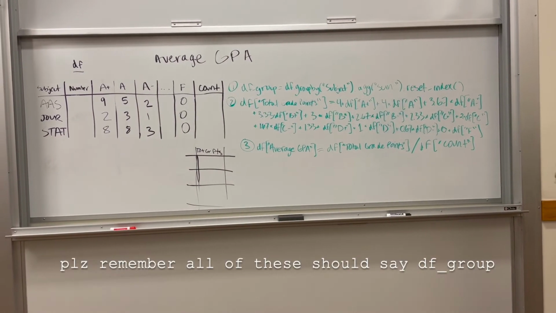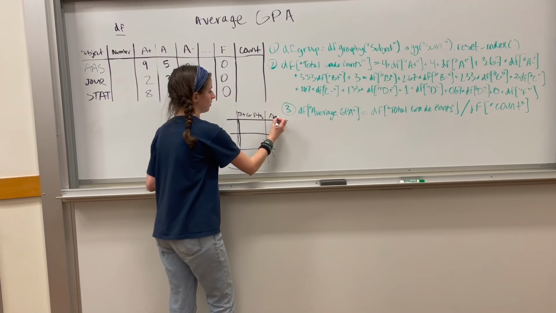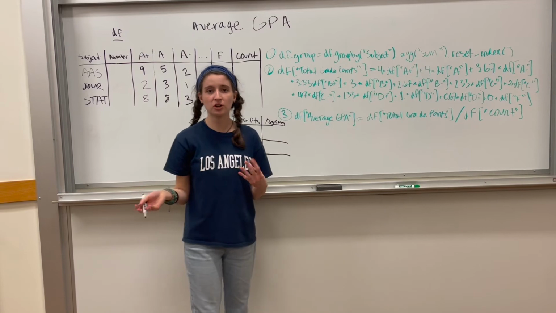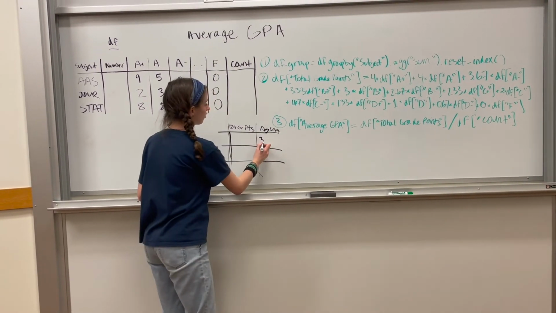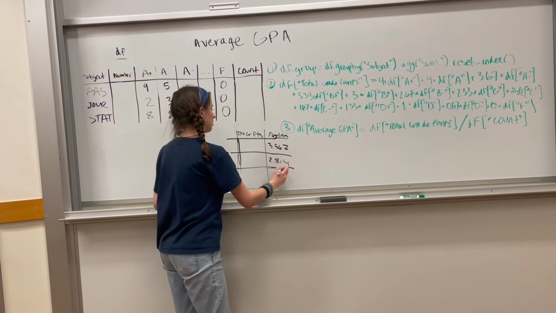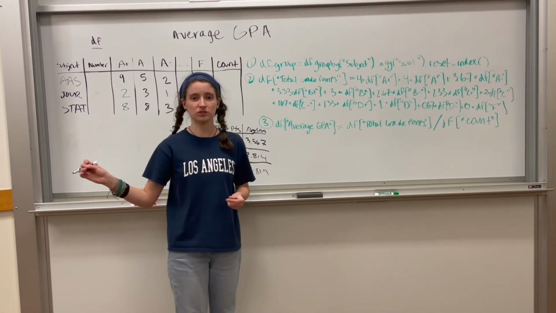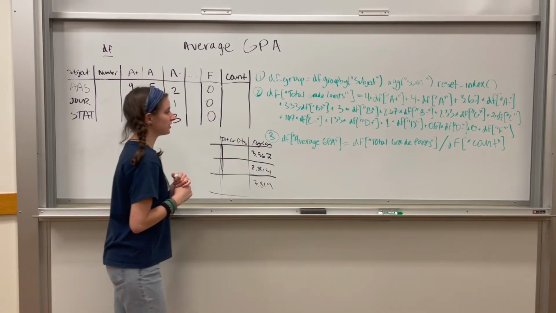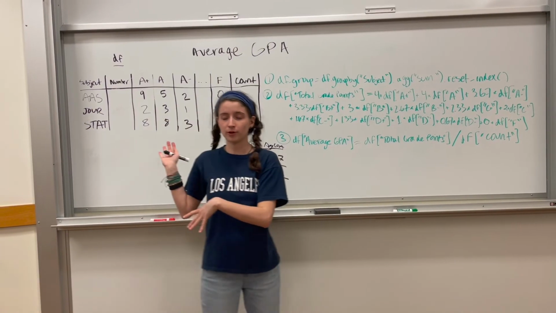This new column, average GPA, will include some sort of valid answer, and a way you can check it is: is it between 0 and 4? A lot of them will be like 3.567, 2.814, 3.819. And you'll see all those numbers in your column. And that's how to calculate average GPA out of the GPA data frame.